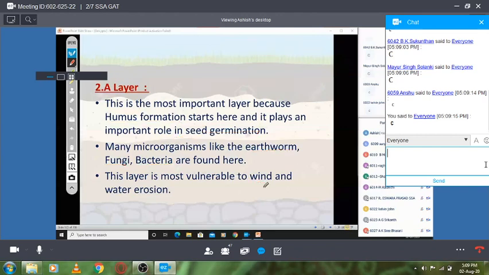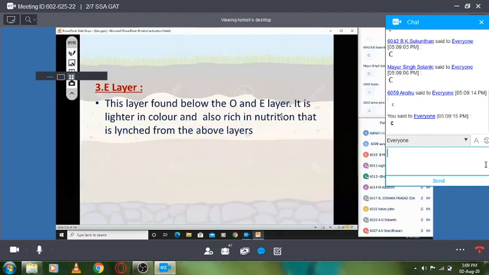So this is the first layer. Let's move on to the next layer. This is our third layer.